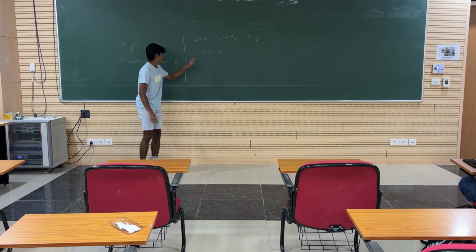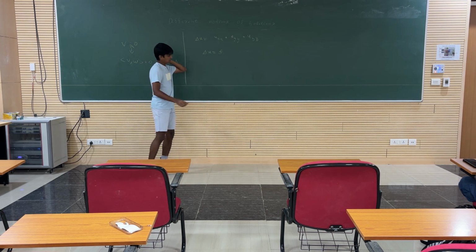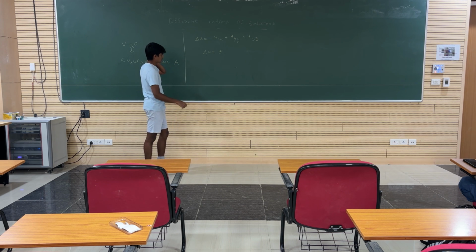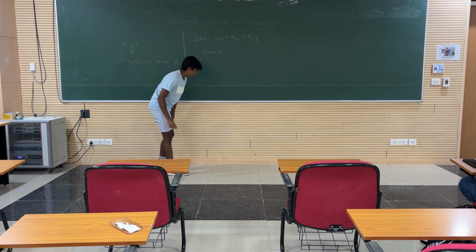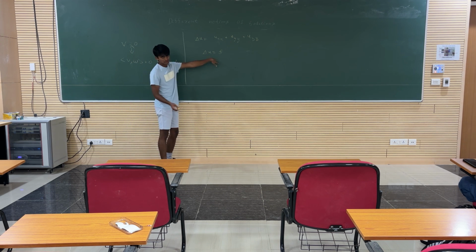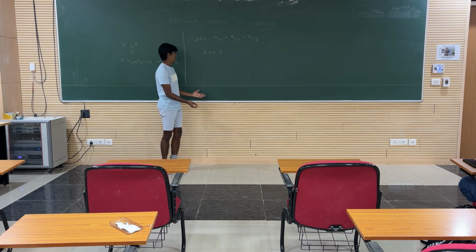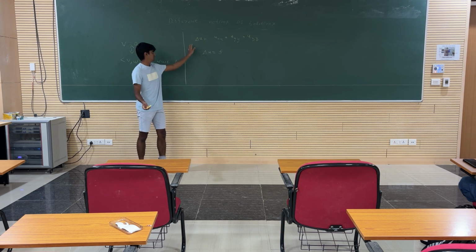I have to mention a lot of things, where f belongs, where u belongs, all those things. But for the whole talk, I'll keep it vague because that's not needed. So now I want to solve this, and I want to show that some u exists such that this happens. And because it's the Laplacian, it's easy.